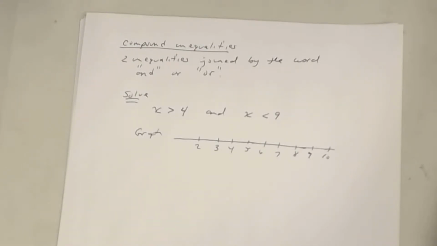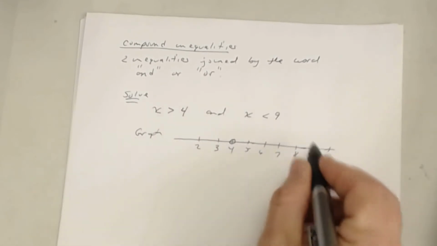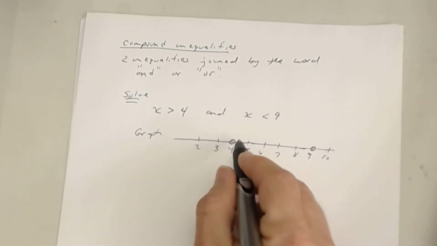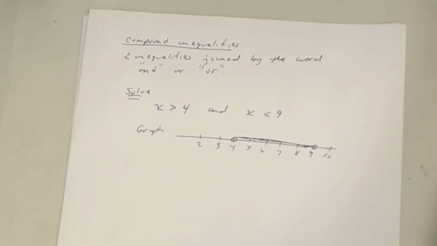If there's no equal sign, use an open circle. So at 4, what will I have? Open circle. At 9, what will I have? Open circle. So my solutions are all the real numbers that are between 4 and 9. You're going to shade in everything between. So that's your graph.